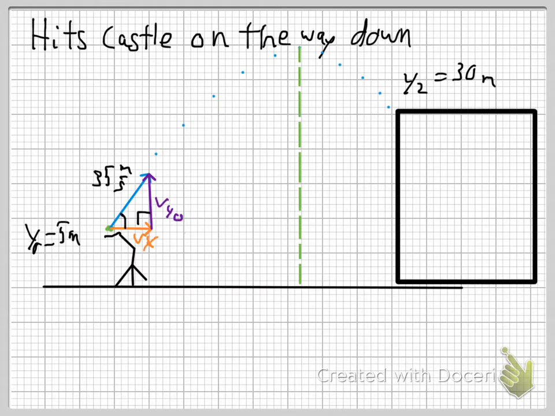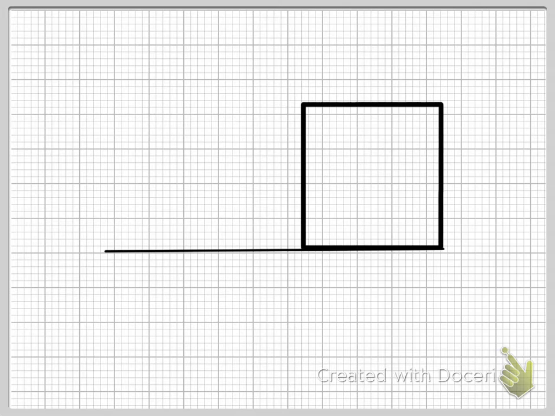Scenario one is that it goes like this, where it goes up, reaches its peak right here at the top, and then falls back down and hits the wall. The other option is if we have the castle wall, and the projectile just goes and hits it right on the way to its peak or at its peak.